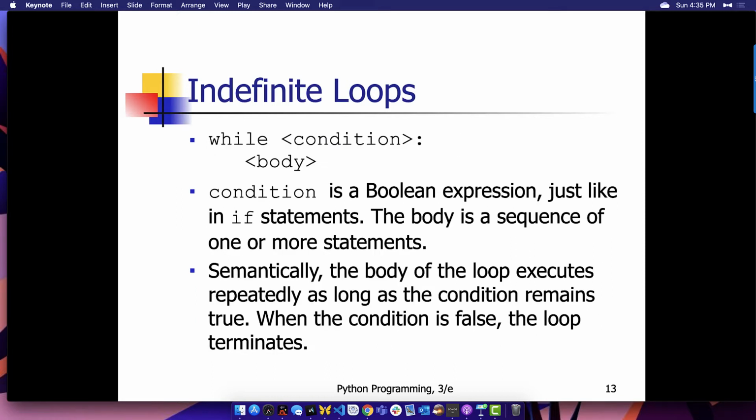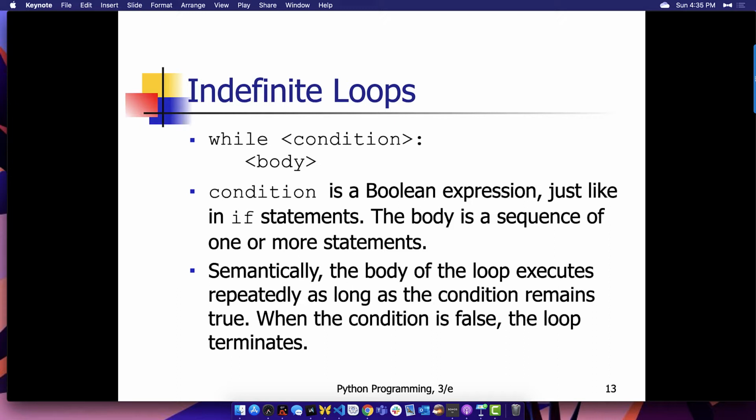So what does that mean? While some condition is true, do the stuff in the body of the loop. Some new keywords, some new statements here. While some condition, which we're going to learn about, is true, do some stuff, the body of the loop.